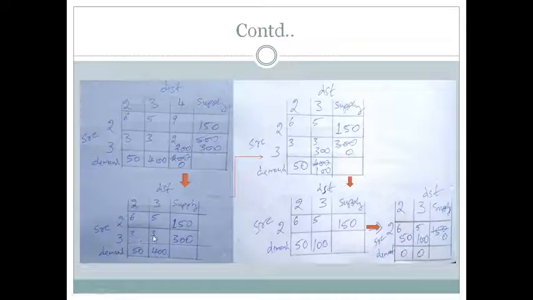Again we have 2 cells with the same value, so you can choose any one, no problem there. So I take one of them. For this cell, again I check the supply and demand.